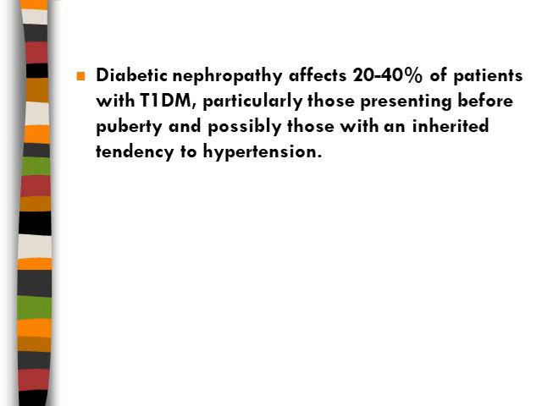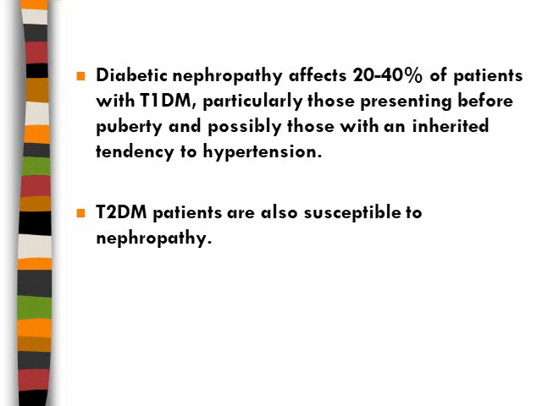Because hypertension is one of the factors which definitely affects the development of microvascular disease as well as macrovascular disease. The progression of microvascular disease has a direct relationship with the control of hypertension.